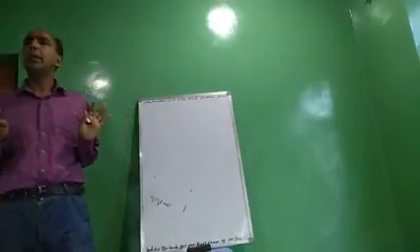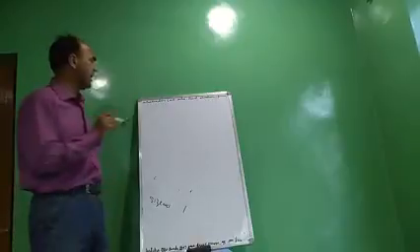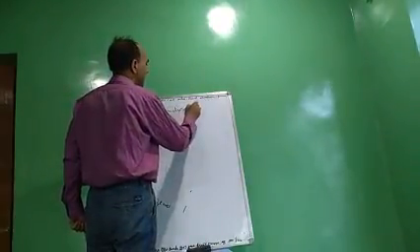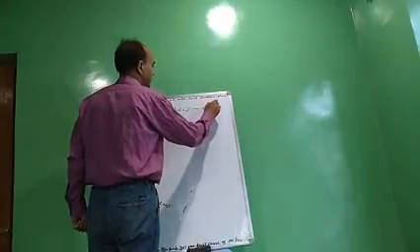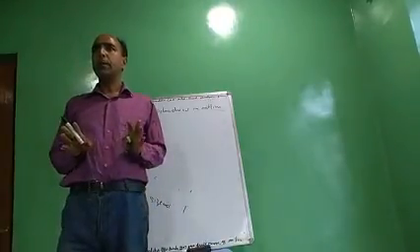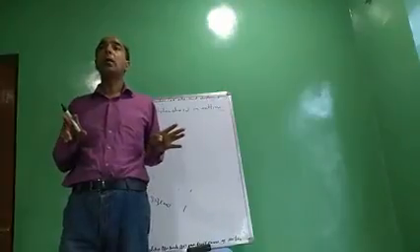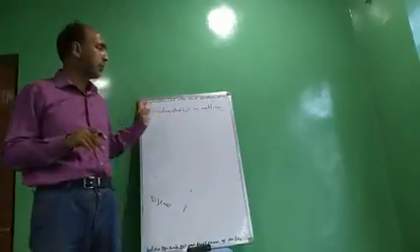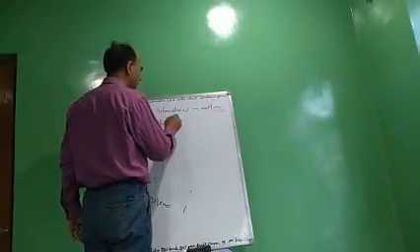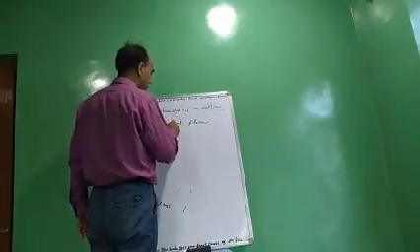Mitochondria is normally cylindrical in outline, but may be spherical, oval, filamentous, or even branched.